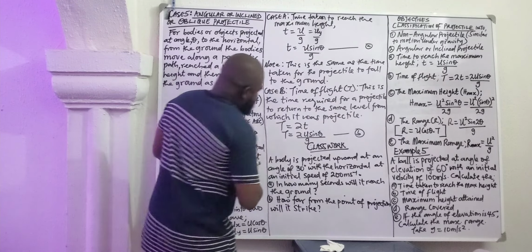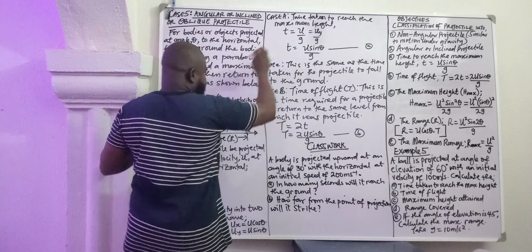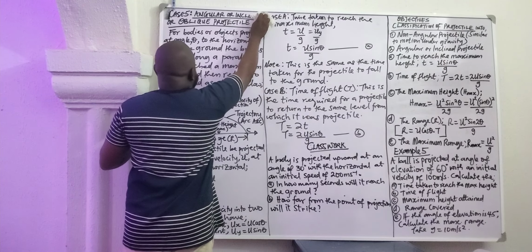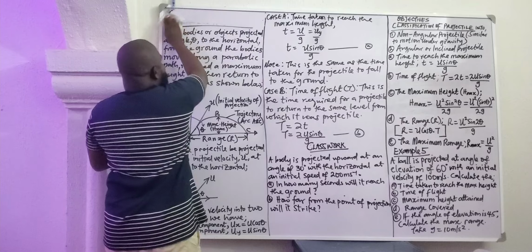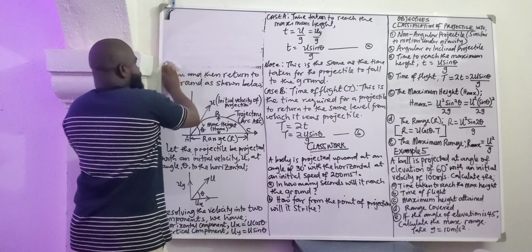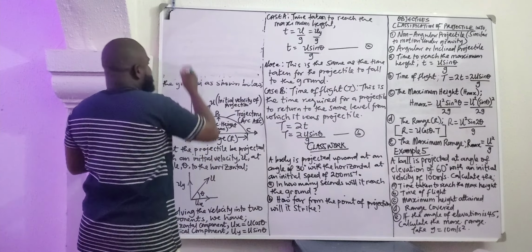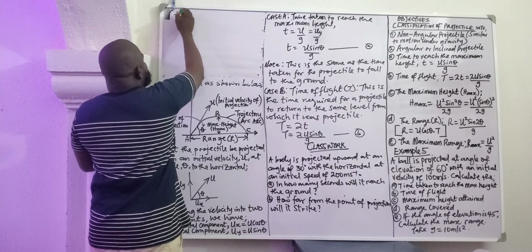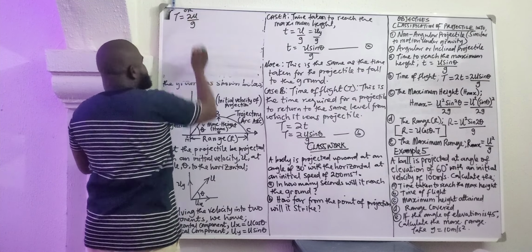Of course, I could have also used this expression to obtain the total time. I could have used this expression for that non-angular projectile. We said that total time, so I'm using capital T, is 2u over g.